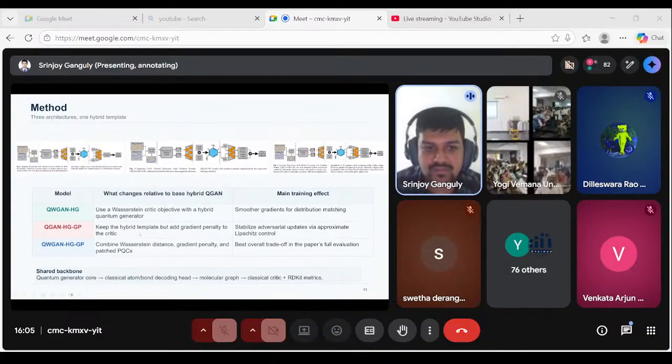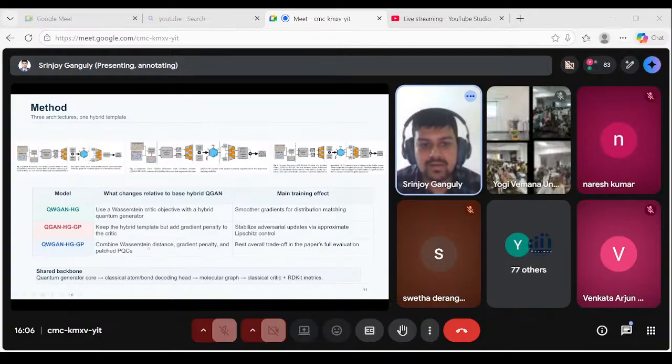So three models, and that's what we do. We use the Wasserstein, which I mentioned to you. It helps you smooth the gradients for distribution matching, the two distributions, generated and real. This is a hybrid template, but you can add gradient penalty, and you can stabilize this with Lipschitz control, which I've already explained.